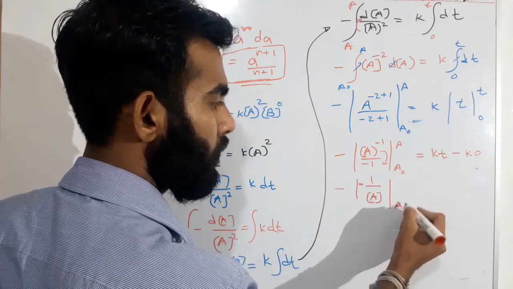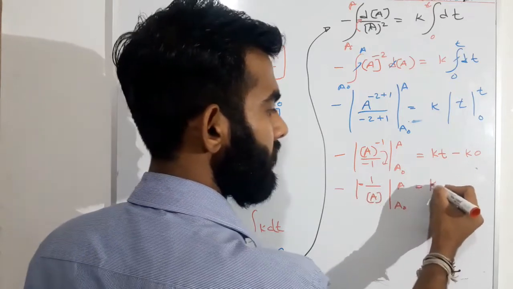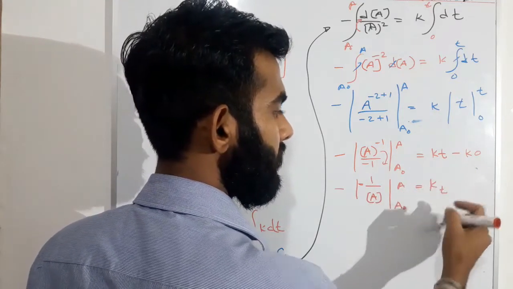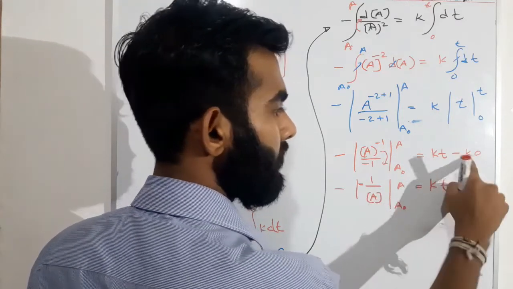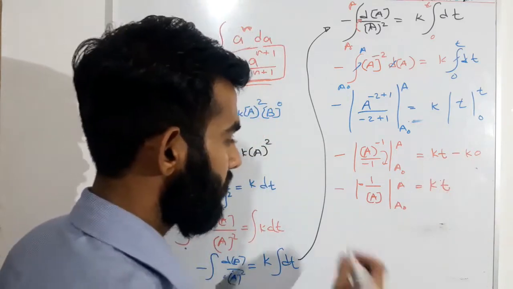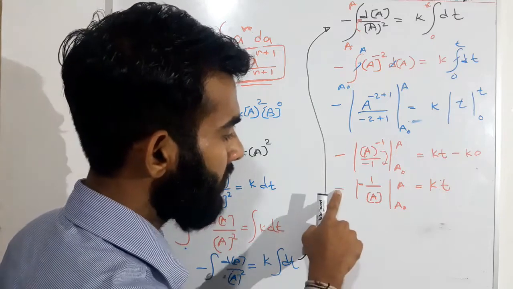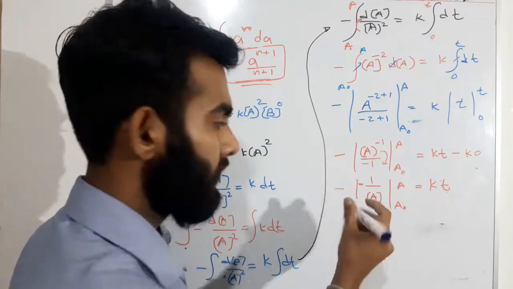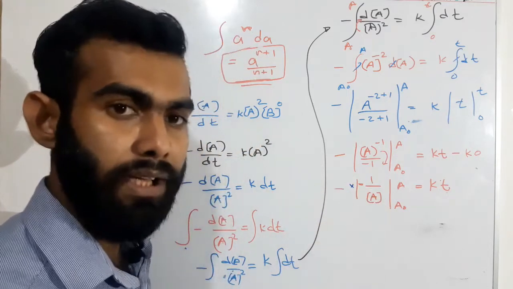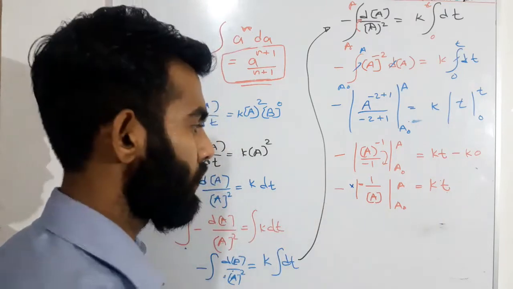Limits a naught to a equal to kt. Here kt because k into 0 is 0. Here you can see minus and minus, they are multiplied, minus will be positive. Okay.